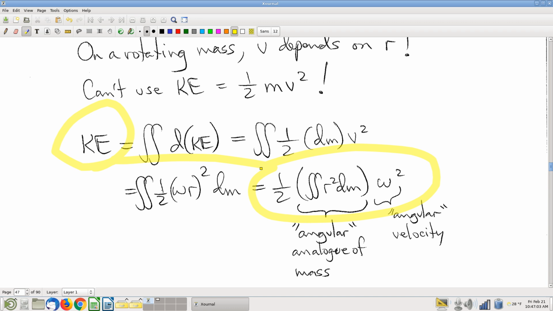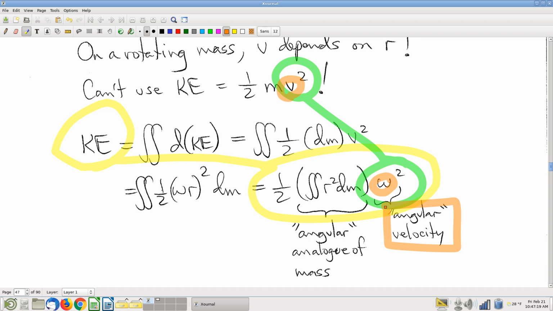Even better, this thing that's being squared, just like the old formula, is angular velocity compared to linear velocity. This is an angular analog of velocity. So superficially, in terms of just eye smack, it looks a lot like the original formula for kinetic energy.